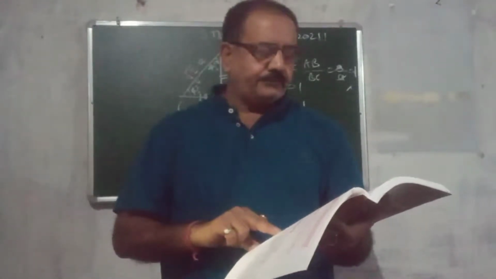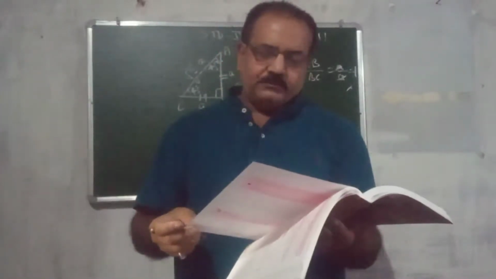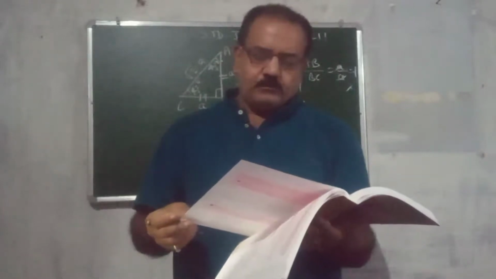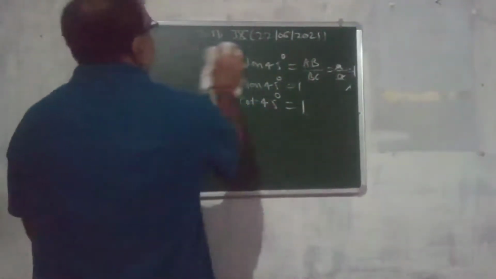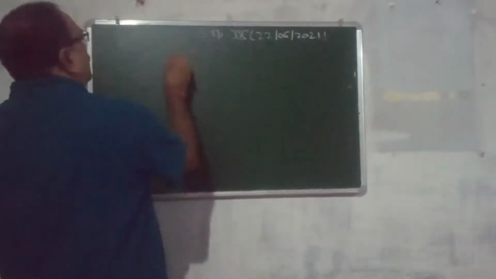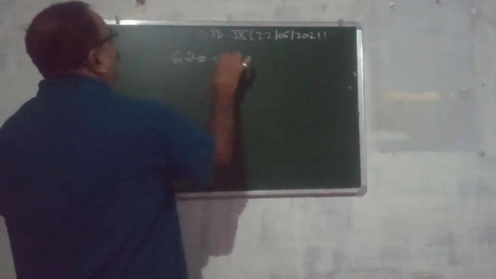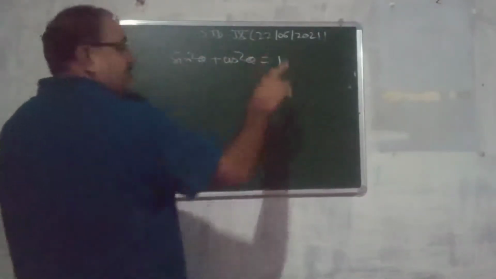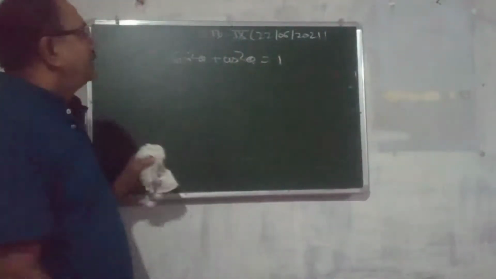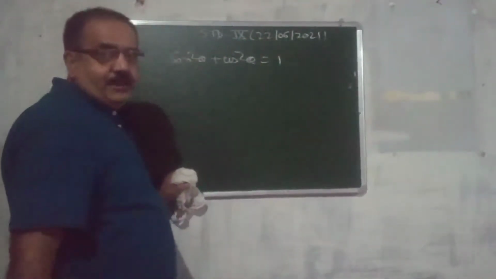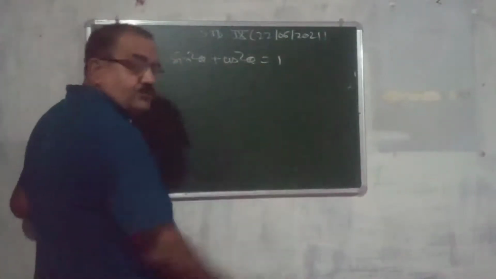Now see it. Sin square theta plus cos square theta is equal to 1.